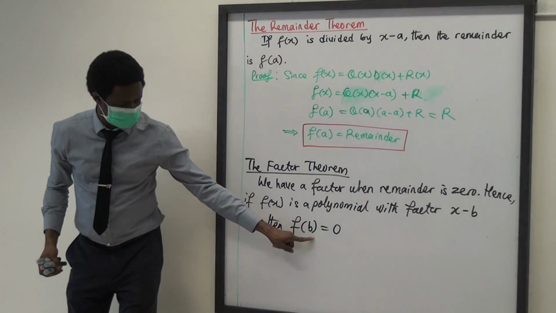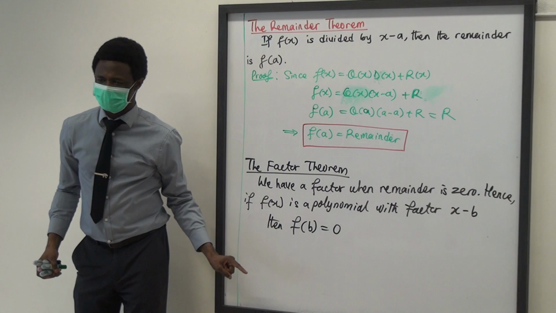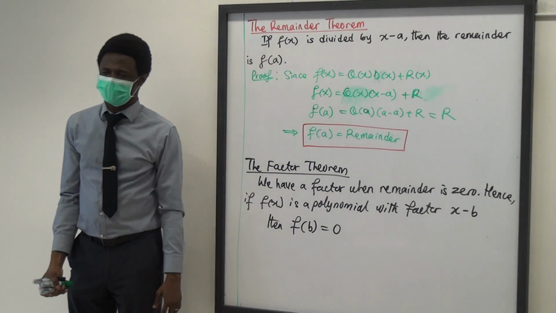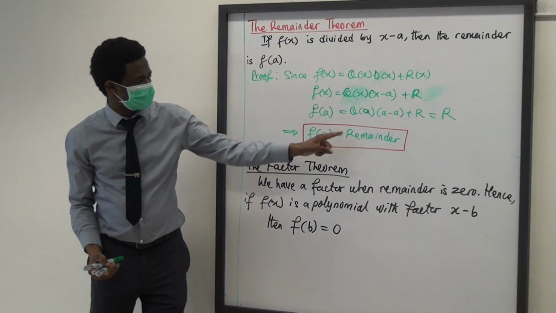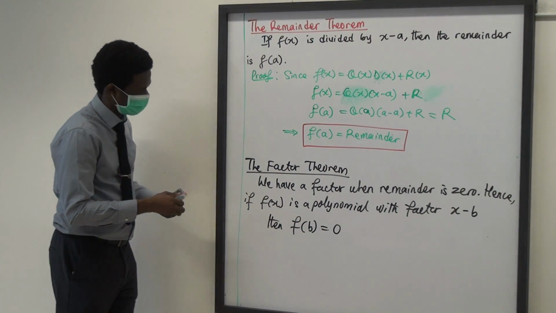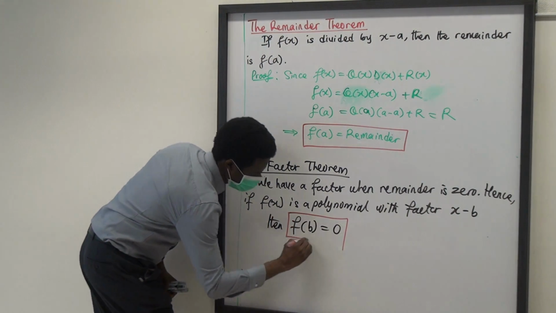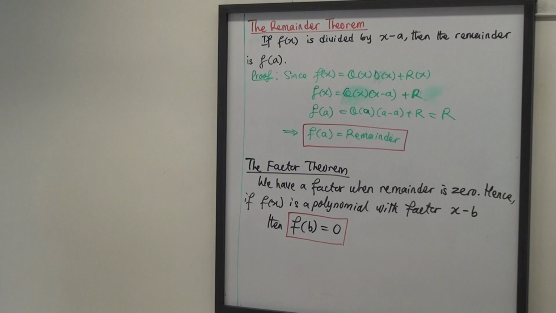Because what you're trying to do here is to find the remainder when f of x is divided by x minus b. And we already know, because it's a factor, the remainder will always be 0. So the remainder is not an unknown this time. Unlike here, the remainder is r, whatever r is. So, these are the two that really will help us, even in factorization of polynomials.